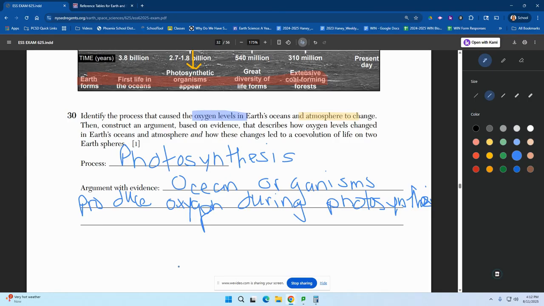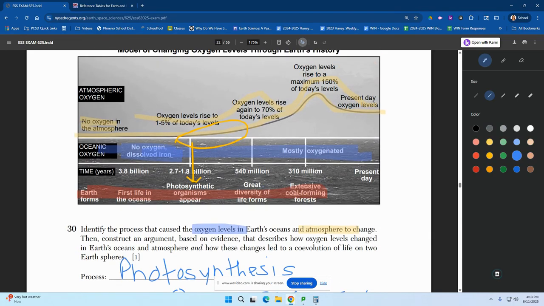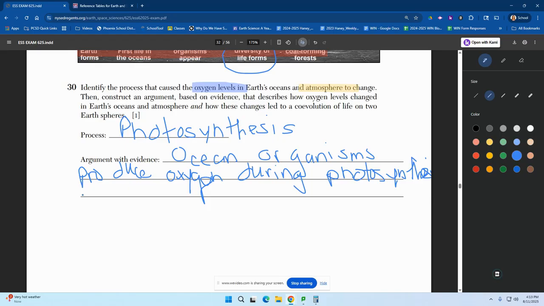And then we want to talk about how that would have changed things, right? What change did that lead to? We know that the photosynthetic life caused the rise in oxygen. What was the result of that? If we keep going, we can see that after oxygen levels began to rise, we then had a greater diversity of life forms. So it allowed for organisms to become more diverse.